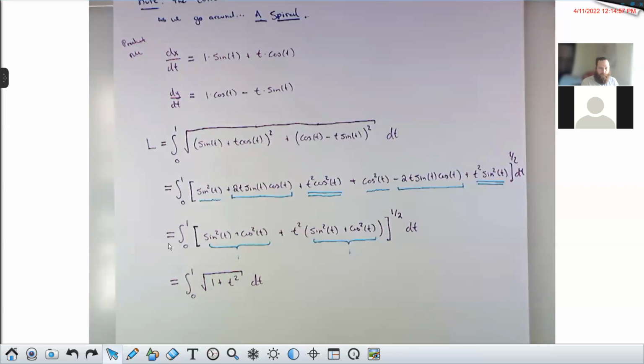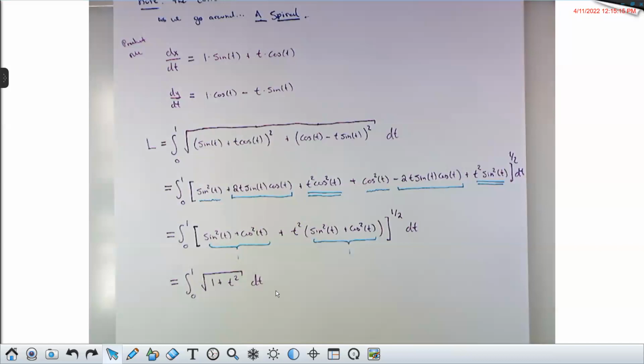Can anybody tell me what the substitution is? Subbing for t squared would be a u sub. If I had a t on the outside, I could do that. But without a t on the outside to soak up the differential, yes, tangent. Tangent is correct.